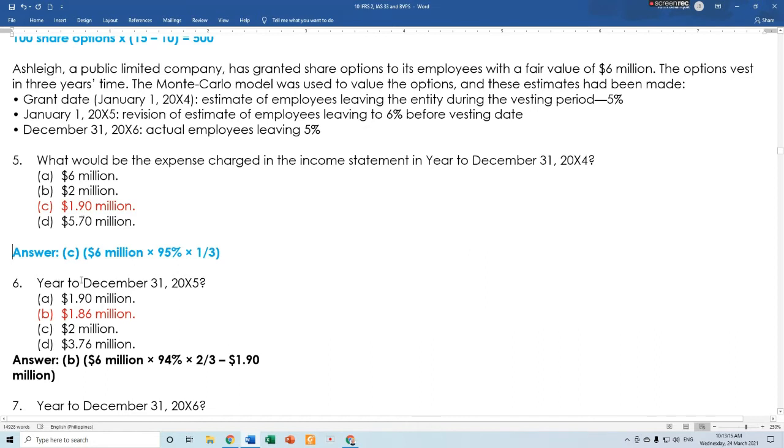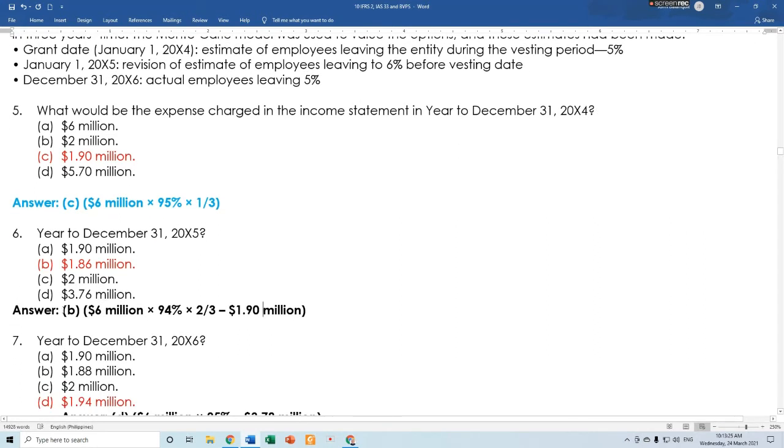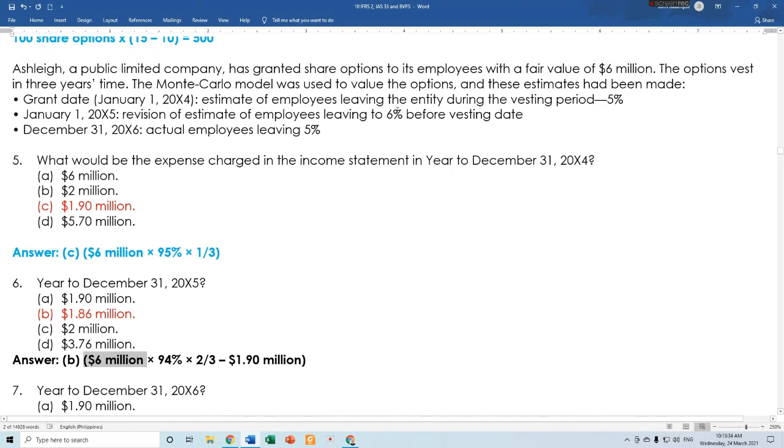Second, magkano naman daw yung i-recognize na expense for year December 31, 20X5 naman. So, ganun ulit, hindi naman magbabago yung ating fair value. 6 million pa rin yan. Yun nga lang, ang estimate natin, 6% yung aalis, di ba?